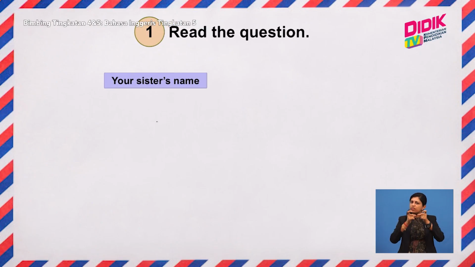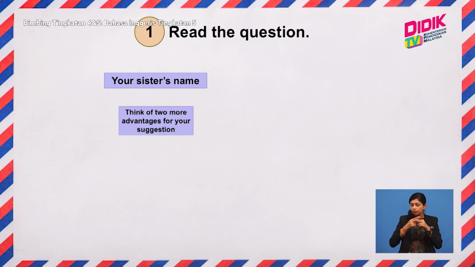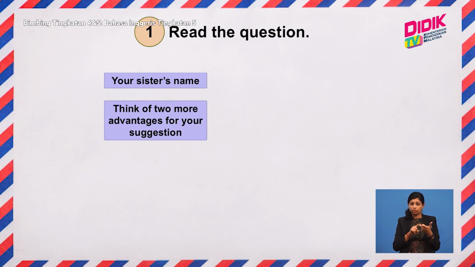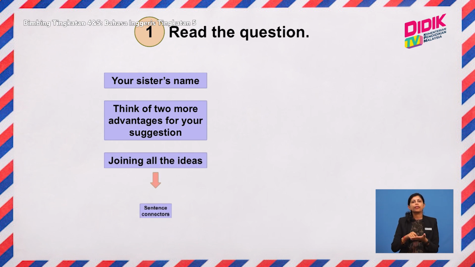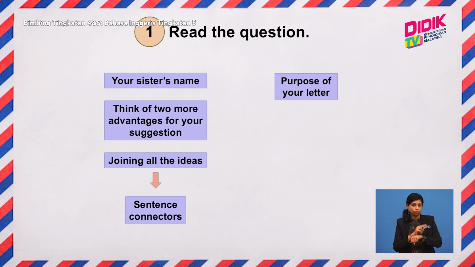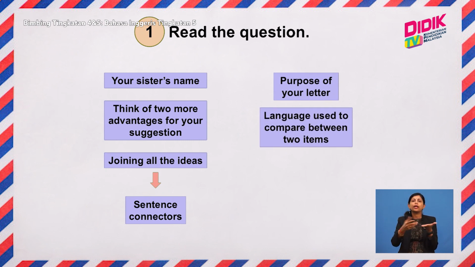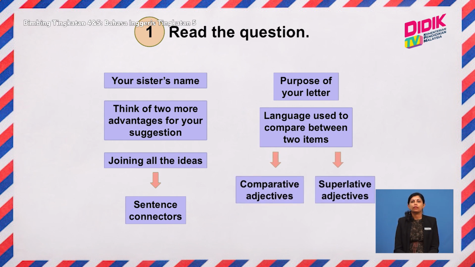Think of a name. Write 2 advantages that you would use later. Write some of the connectors that you plan to use. Always remember what is the purpose of your letter. And think of the language used to compare items. So we are looking at comparative and superlative adjectives.